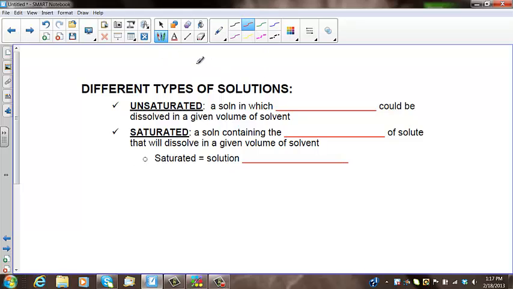Okay, we're getting ready to talk about Table G, which is our solubility table, but we have to understand three pretty important words: unsaturated, saturated, and supersaturated.